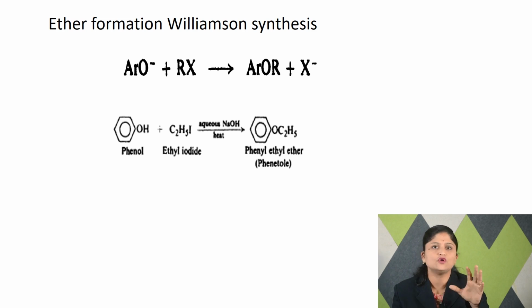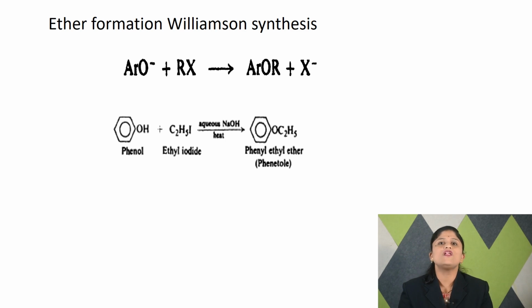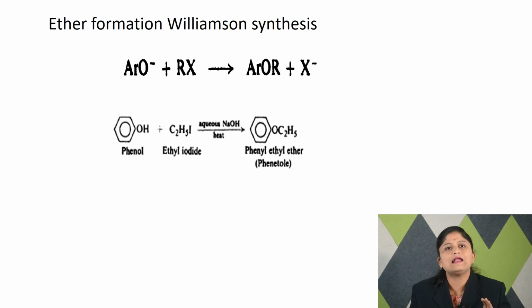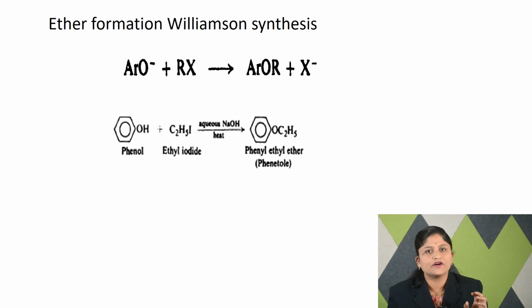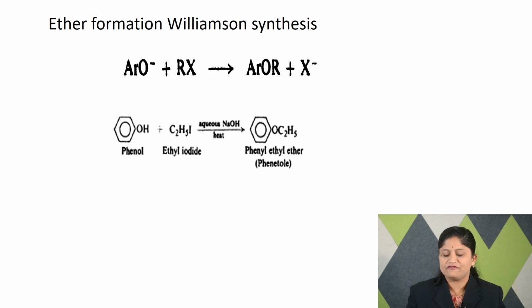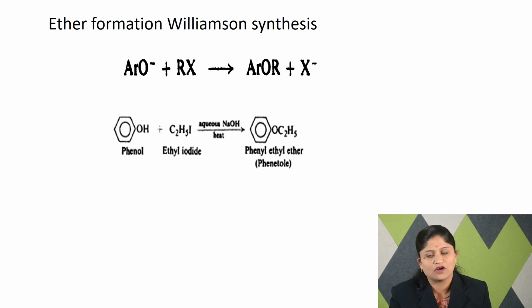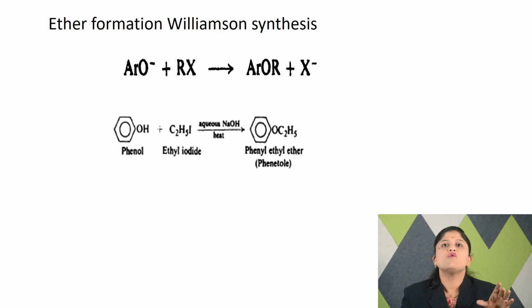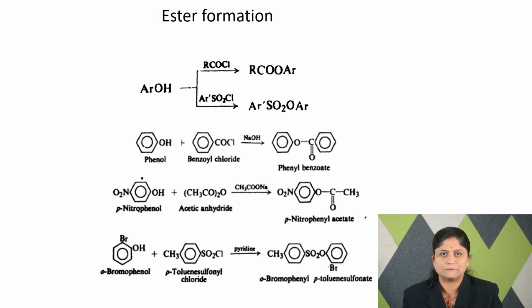This particular method of synthesis of ether is known as Williamson synthesis, in which phenol first of all shows its acidity property, that is, it donates a proton, and the formed phenoxide ion again reacts with the alkyl halide derivative. In the presence of a strong base and heat, phenols form the ether, and this formation of ether from the phenol nucleus is known as Williamson synthesis of ether.